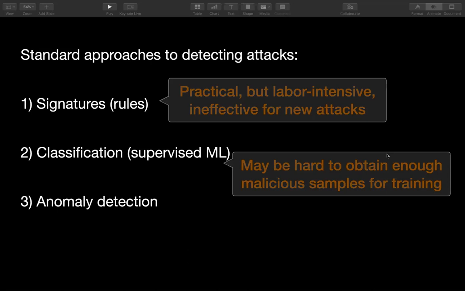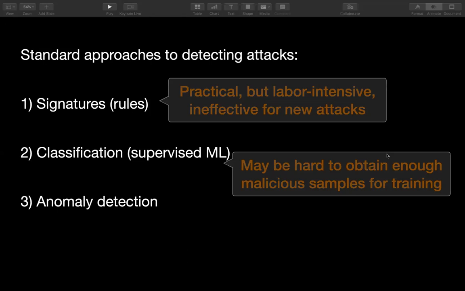If you want to detect intrusions on your corporate network and you've had 3 intrusions over the past year, you might have millions and millions of examples of benign data, but only 3 examples of malicious data. Now, if you try to train a classifier on a training set that has 1 million benign samples and 3 malicious samples, then you have a severe problem with class imbalance, and many classifiers don't work well in that setting.